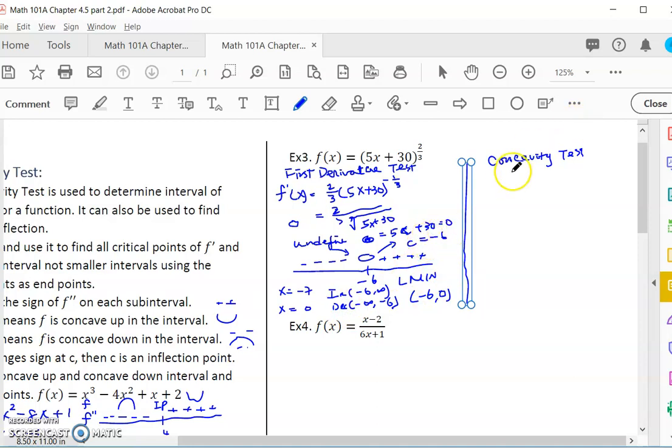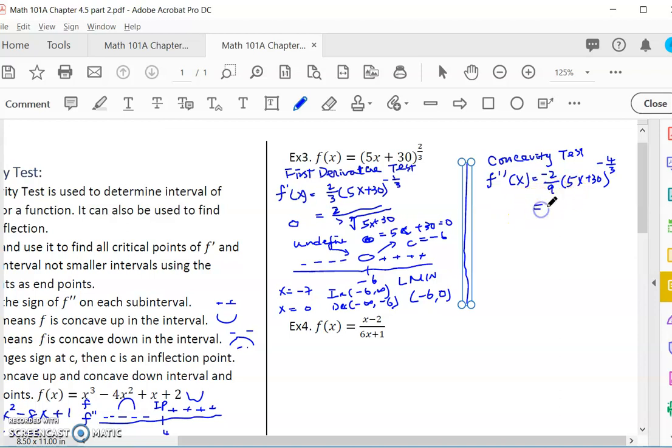What about concavity test? Concavity test is to do f double prime. So I'll look at the first derivative, which is this one, and I'll do one more derivative. So I have 2 over 3 times negative 1/3, because it was negative 1/3. Negative 2 over 9, and then (5x plus 30) to the negative 4 over 3.